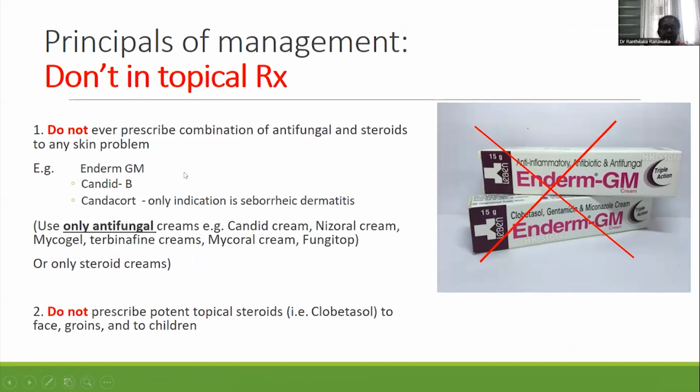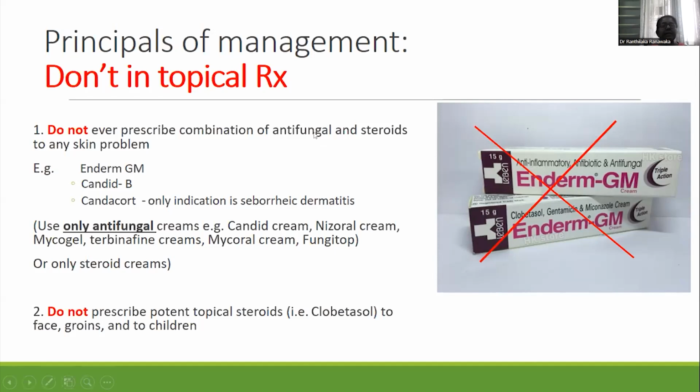There is no indication. The only indication is seborrheic dermatitis, and for that we use Candacort. Candacort has antifungal and hydrocortisone, a mild steroid. Candid B has betamethasone. NMGM has clobetasol.